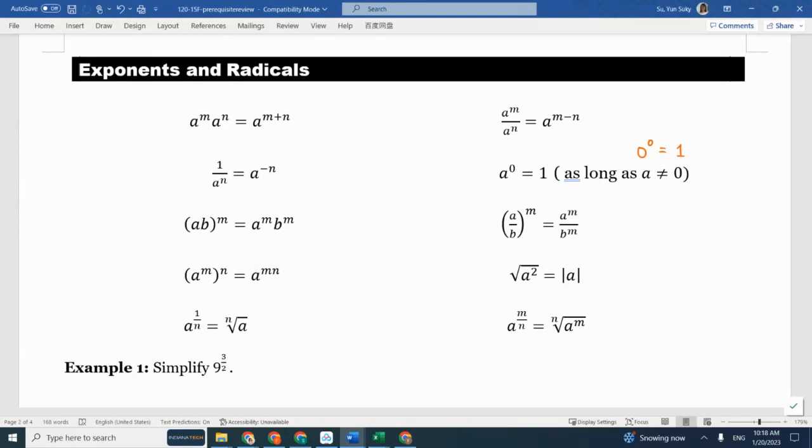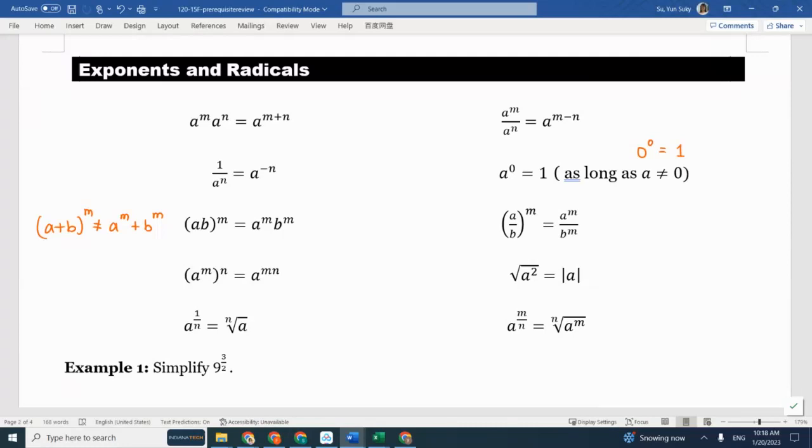And next one, a times b to the m equals a to the m times b to the m. So for multiplication, you can distribute the power. And now, be careful. A plus b to the m is not equal to a to the m plus b to the m. When you have addition, can you distribute the power?